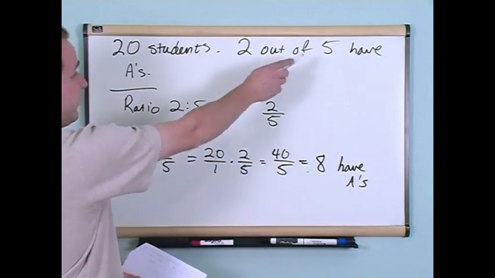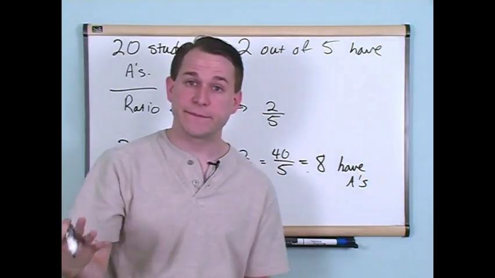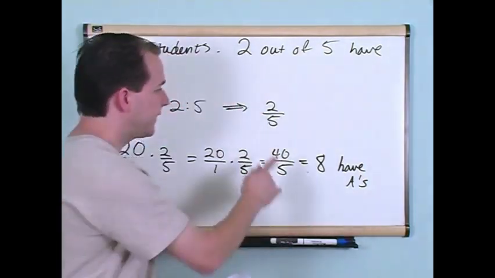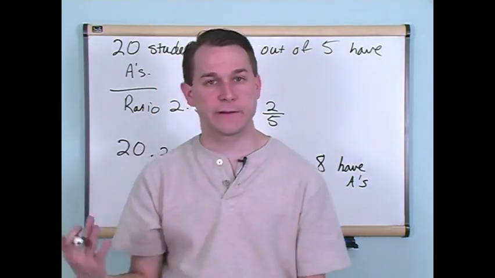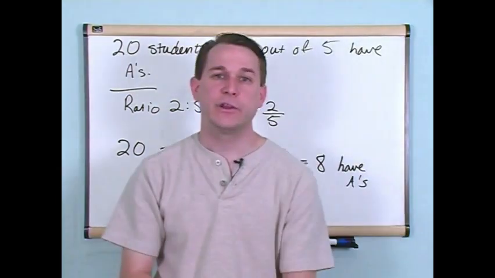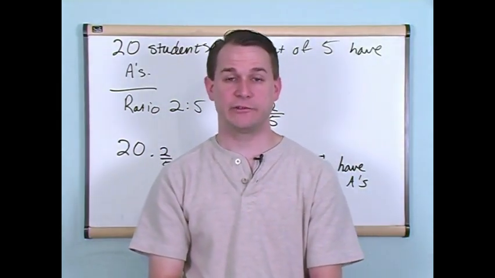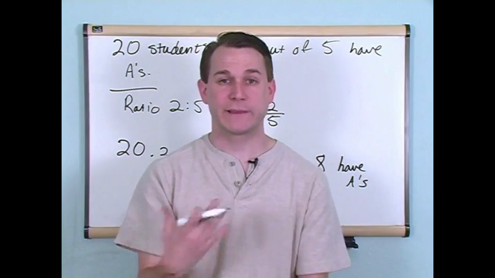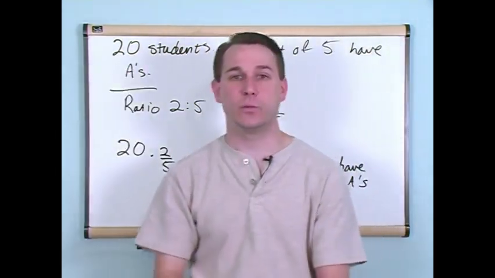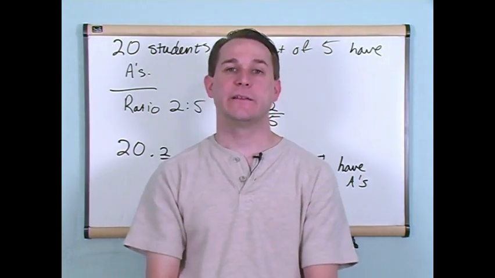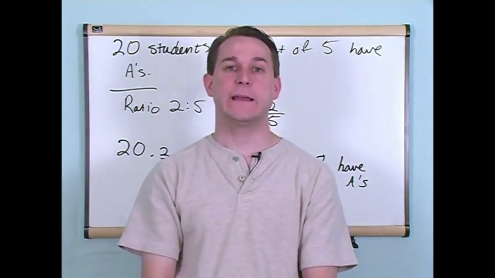In this case, I gave you a 2 out of 5, so I wrote my ratio. Simplify the ratio if you can. In this case, you can't simplify it anymore, so we just stuck with it. And then if they're asking you to find the total number of students or something like this, you're just going to end up needing to multiply by that ratio. And multiplication is the way in which you use this ratio and you chop down that initial number to get what you're after. And that is an introduction to ratios and how to use them.